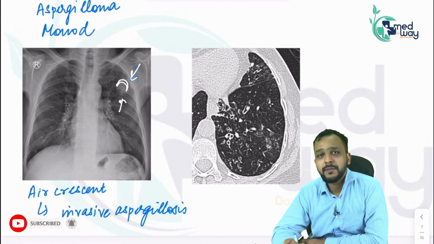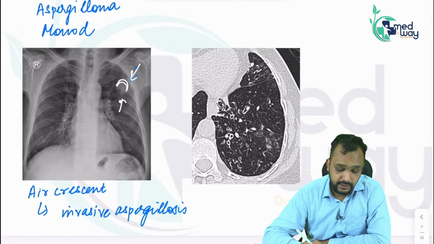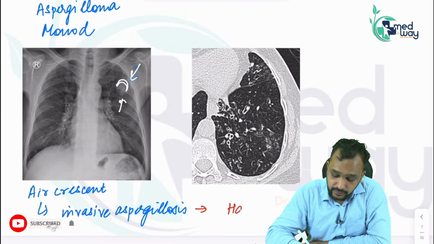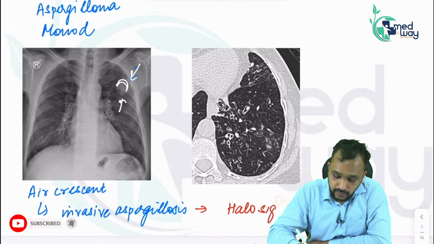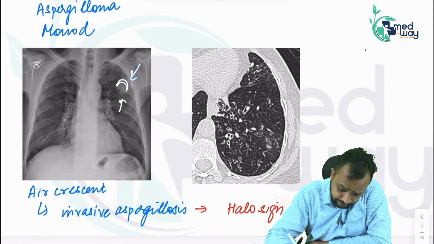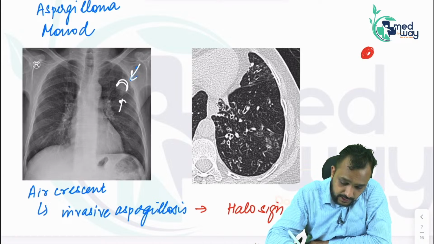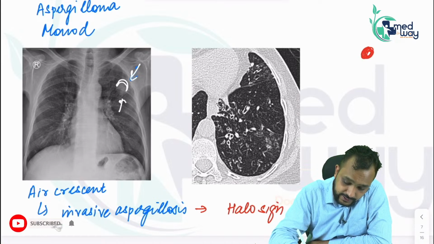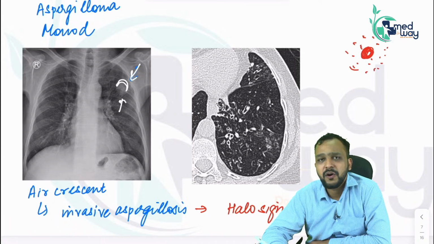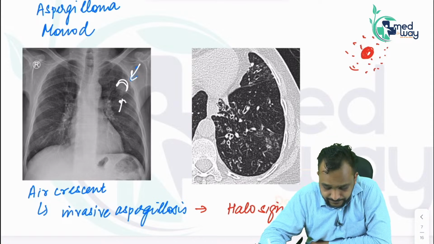So if I am talking about invasive aspergillosis, another very important sign that you are going to see is halo sign. So what happens in halo sign? There will be a consolidation, and surrounding that consolidation there will be ground glass opacities due to pulmonary hemorrhage. So this is characteristic of halo sign, right?